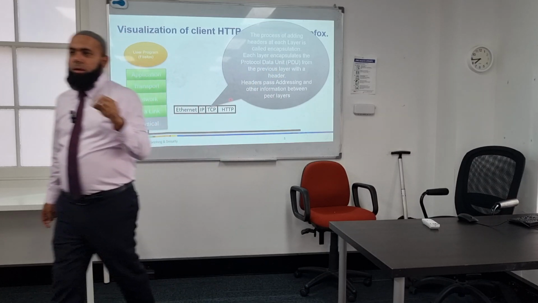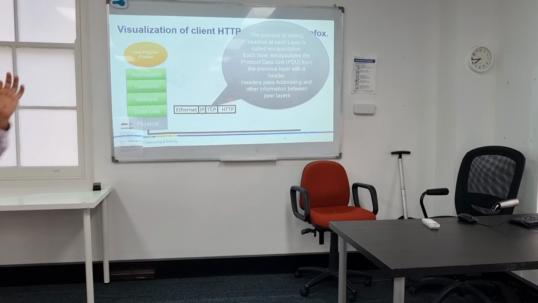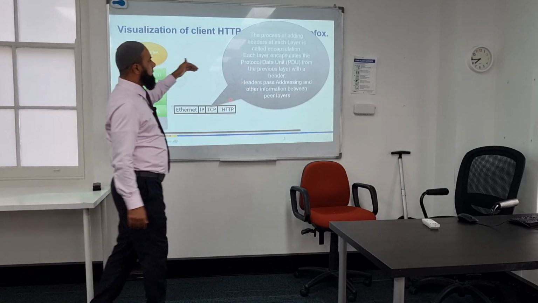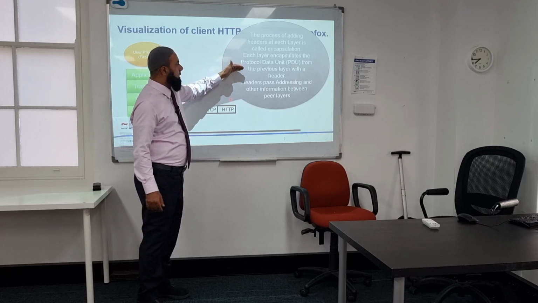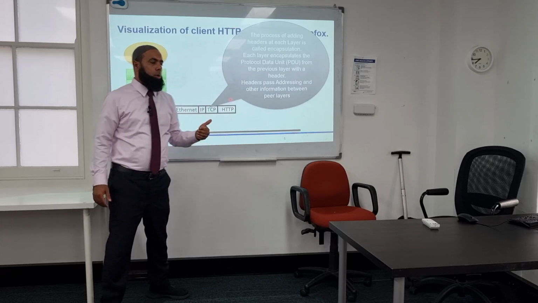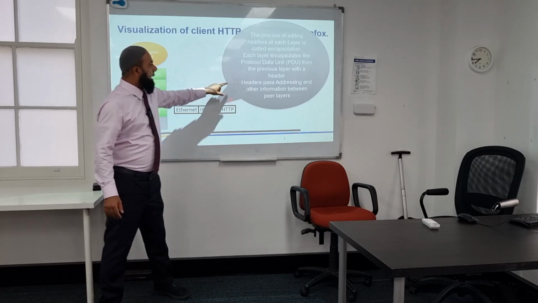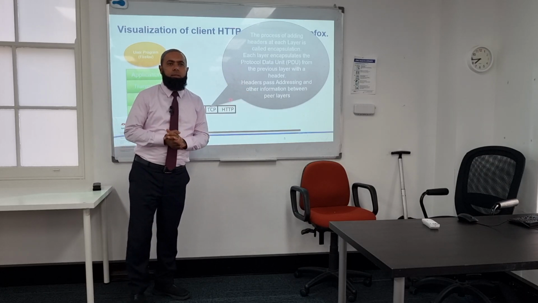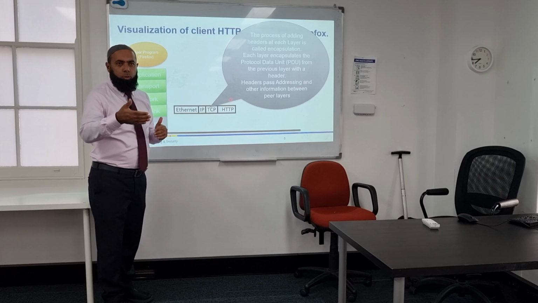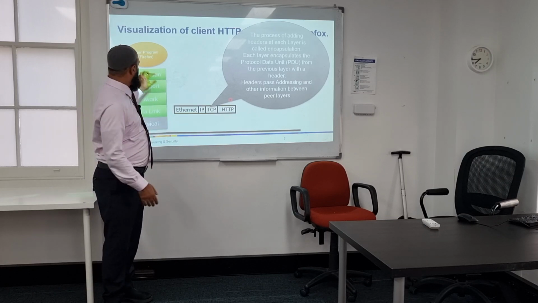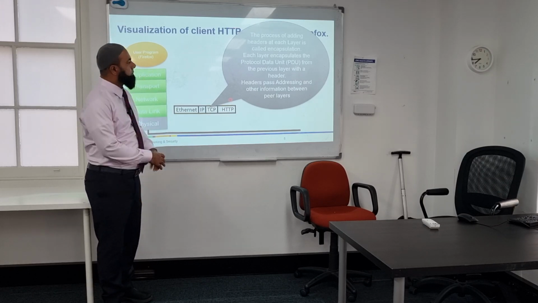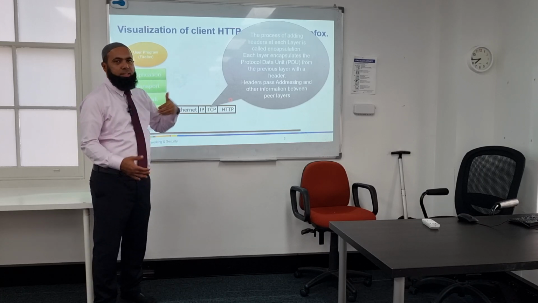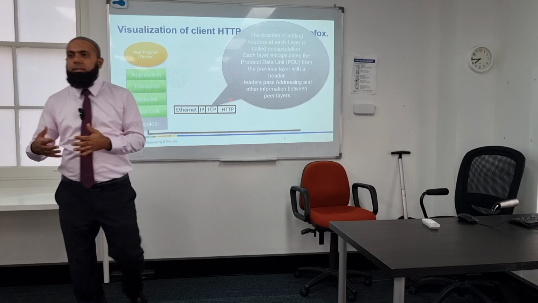PDU. Write down this word, protocol data unit, and that is always there from every single layer, and then moves toward the next one. And the header passes addressing and other information between peer layers. Peer layers mean the ones adjacent to each other. So this one to this one, and this one, everyone has a linkage with the next one, and this is how they are addressing it.